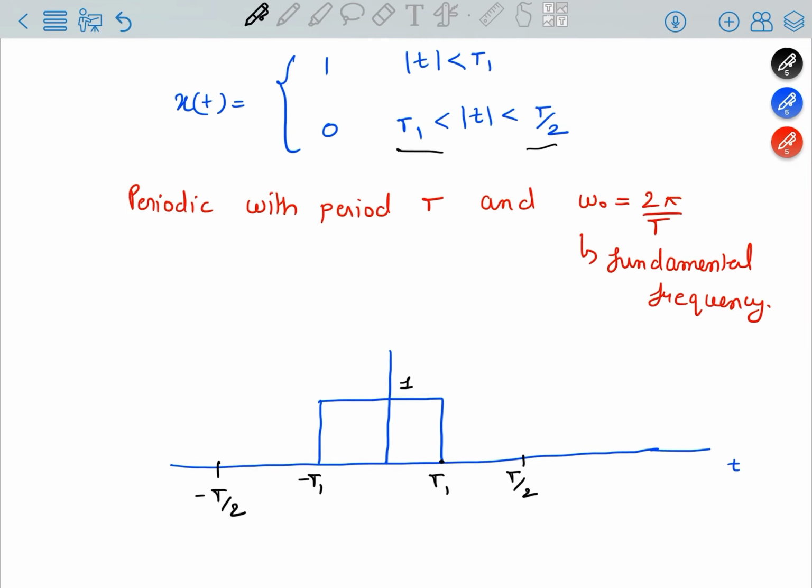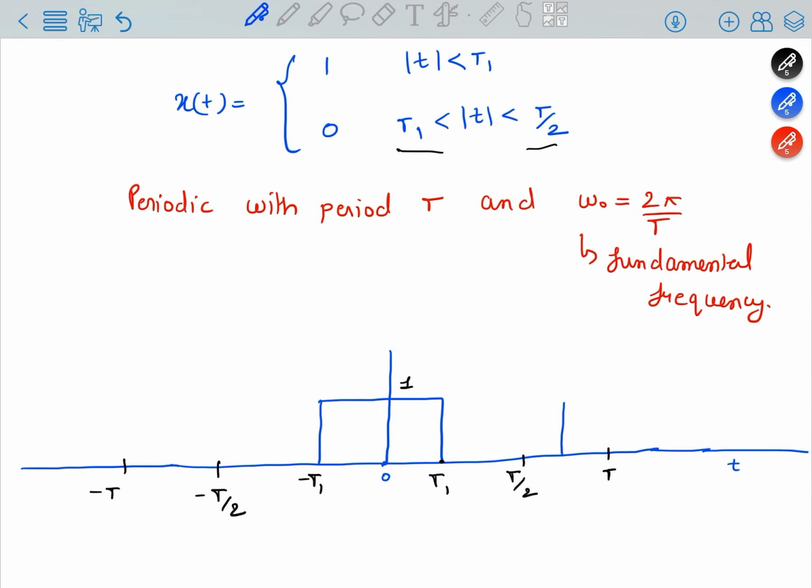And since this function is periodic with period T, it will repeat after a period of T. So if this is 0, this will be your T and this will be your minus T, and the function will repeat itself.